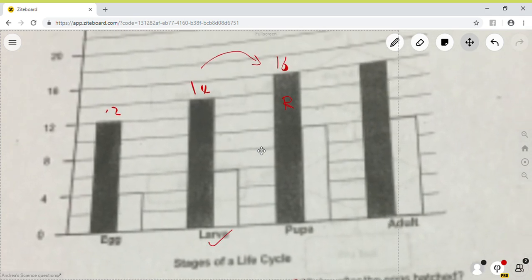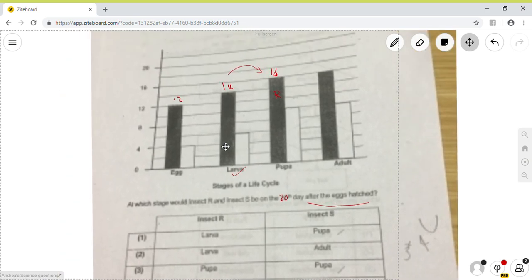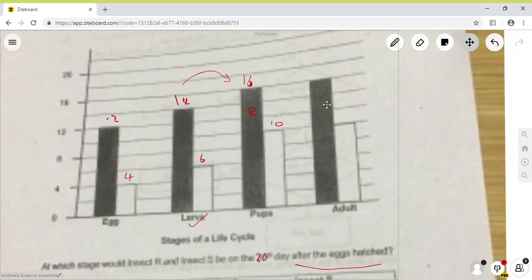Then if you look at insect S, here is 4 days. Then this is 6, right? And this is 12. This is 10. Is it 10? Yeah, 10 days. And the other one is 10 as well.